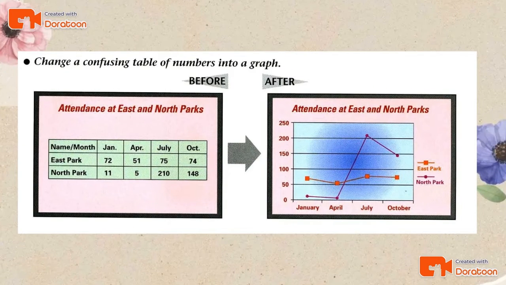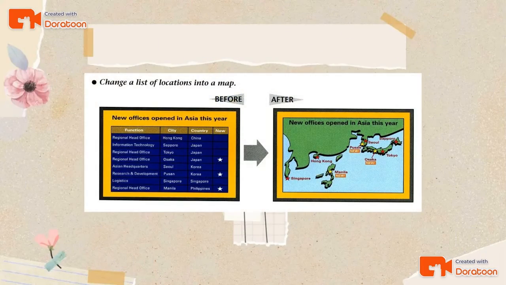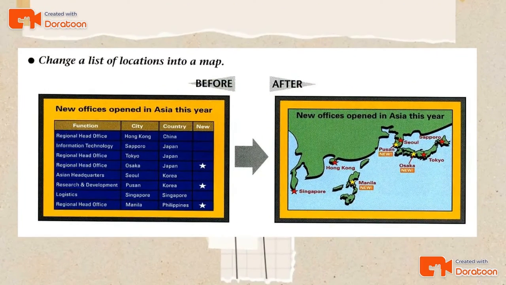And you can see before and after. Change a confusing table of numbers into a graph. In this, make it easy to understand. Next, before and after, change a list of locations into a map.